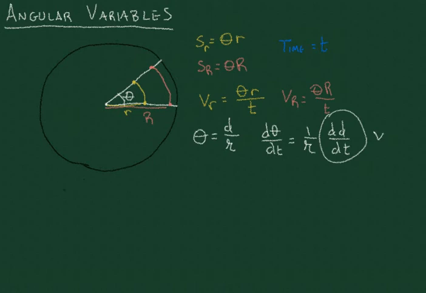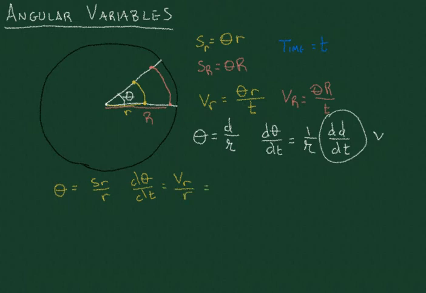So if we look at the inner point, we say that theta is equal to s_r over r. So d theta dt is really the velocity of r over r.